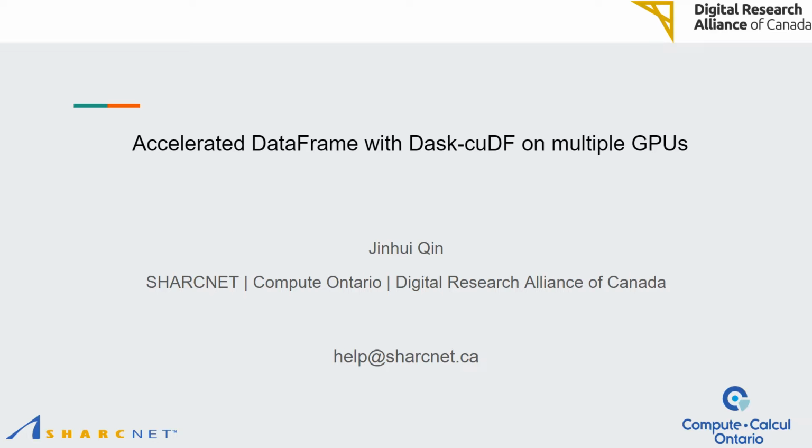But initially, he could only train on a reduced dataset on a single GPU, which was only about 30% of his original dataset because of the limited device memory on a single GPU. Since Dask-cuDF integration allows scaling out a workload across multiple GPUs, eventually he was able to process the entire dataset across multiple GPUs.